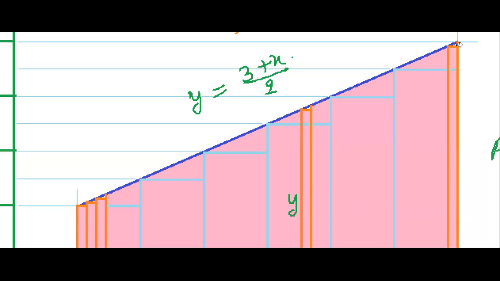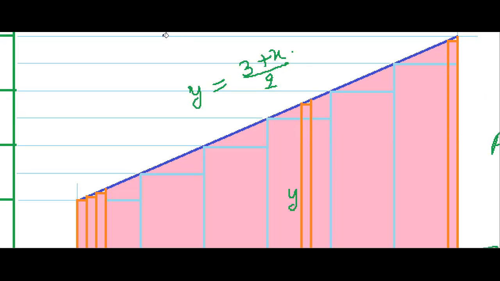No triangular areas will be left. You will be getting the sum of all those infinitely many rectangle areas equal to exactly the area under this straight line segment. I hope this is clear. This is the thing we use in calculus. Is it clear?